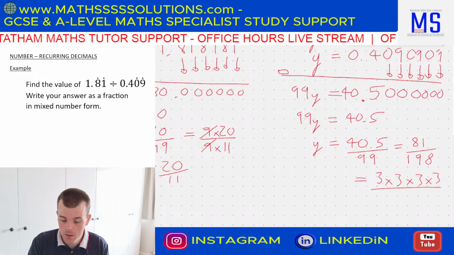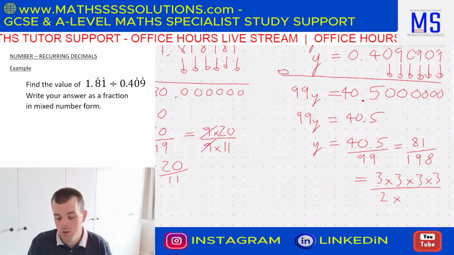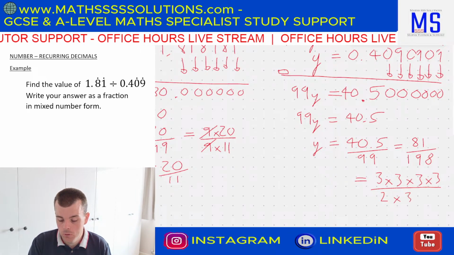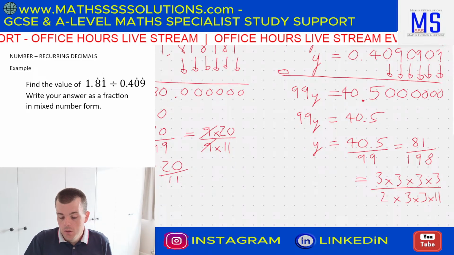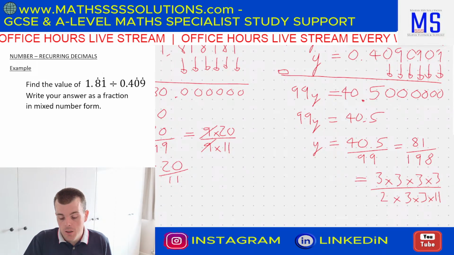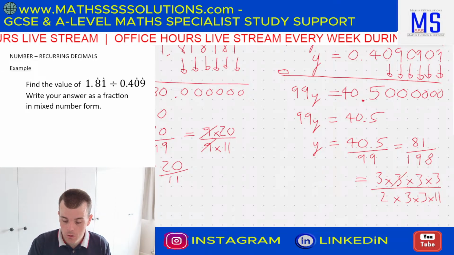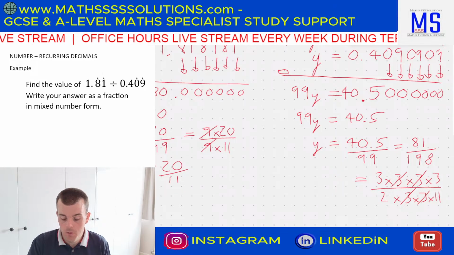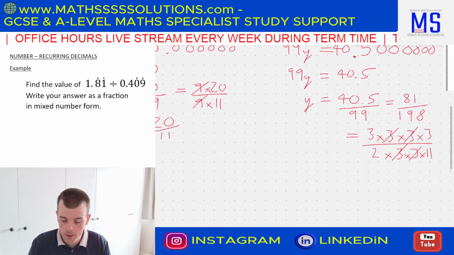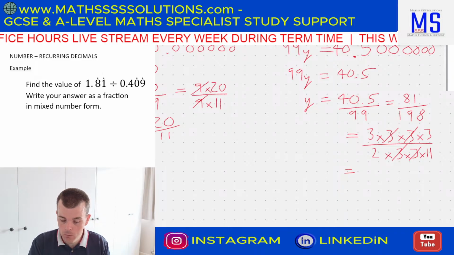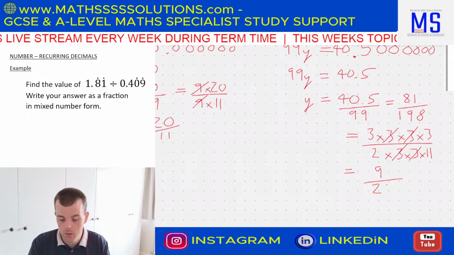And 198 is 2 times 99, so 9 and 3 times 3 times 11. 3 times 3 times 11 is 99, then double it to get 198. And if you notice, there's a 3 and a 3 in both of them. In other words, there's a factor of 9 in both. And then there's no other common factors. So you would have 3 times 3 is 9 on the numerator, and 2 times 11 is 22 on the denominator.